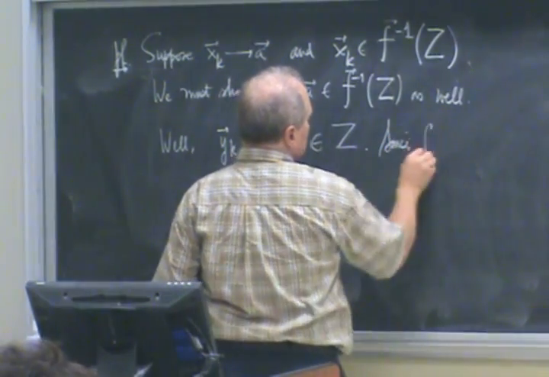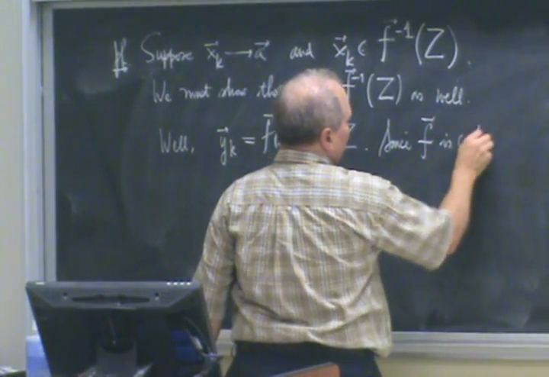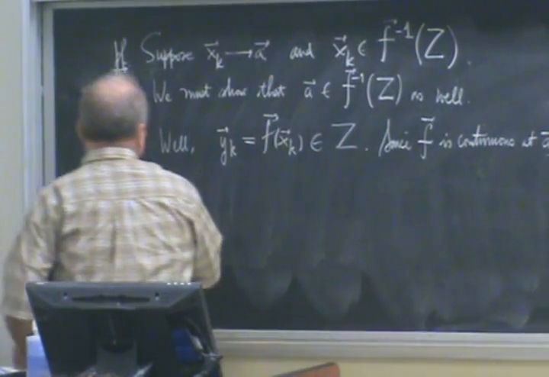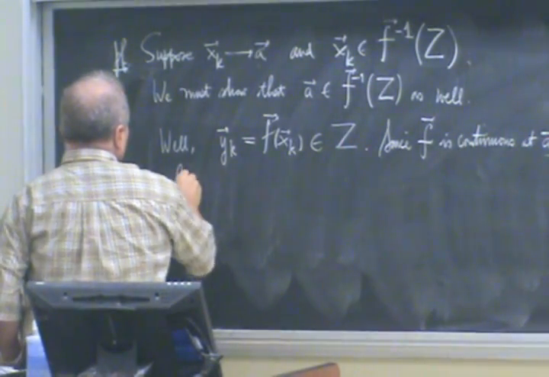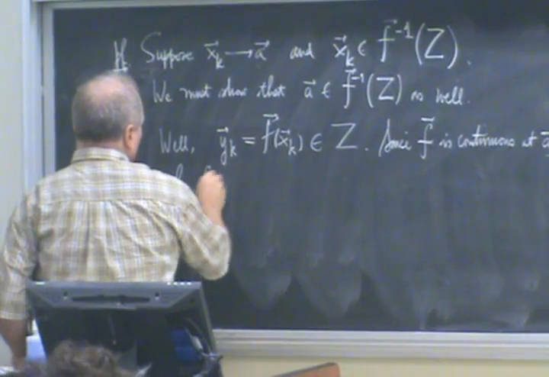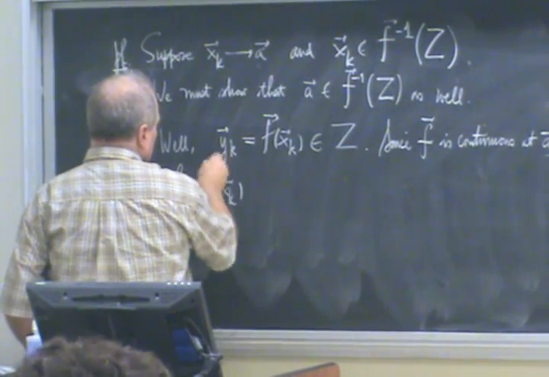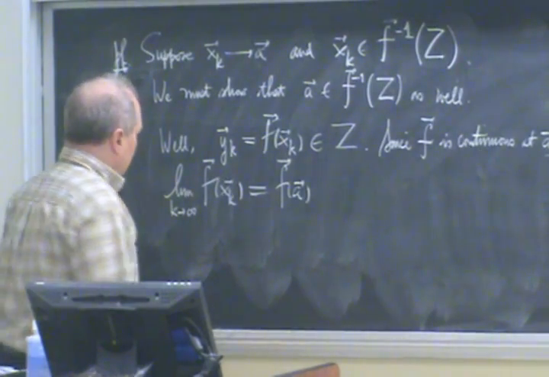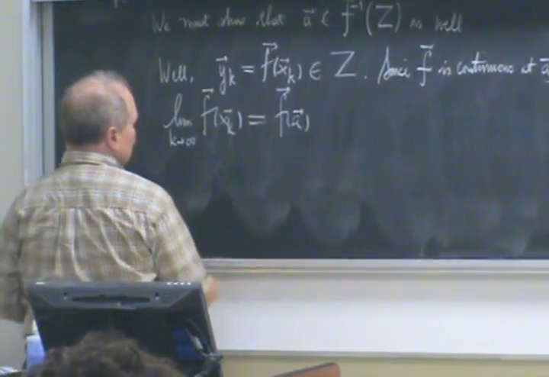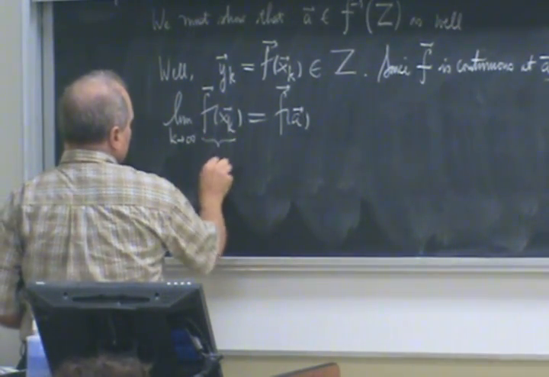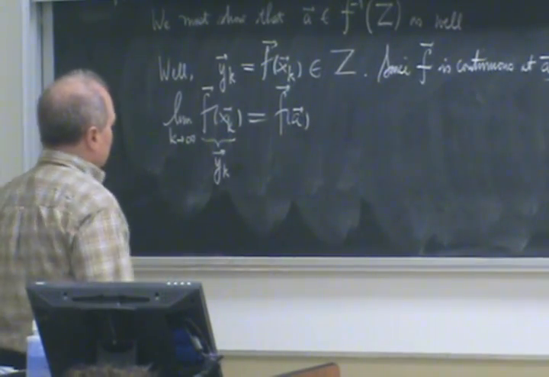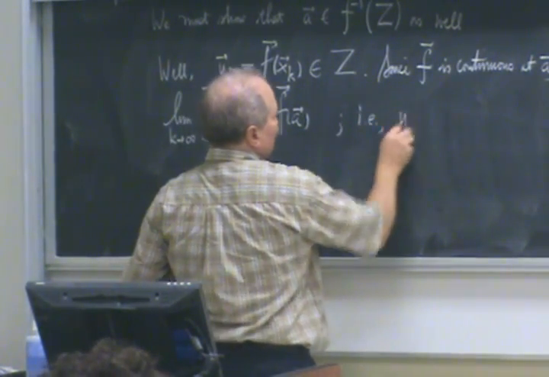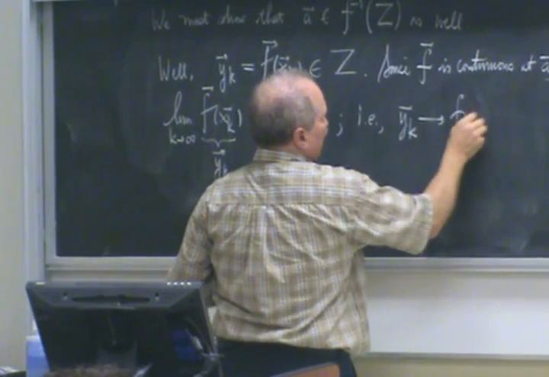Since f is continuous at A, the limit as k goes to infinity of f of xk is f of A. Okay? And now these are the yks, and they're converging to the point f of A.